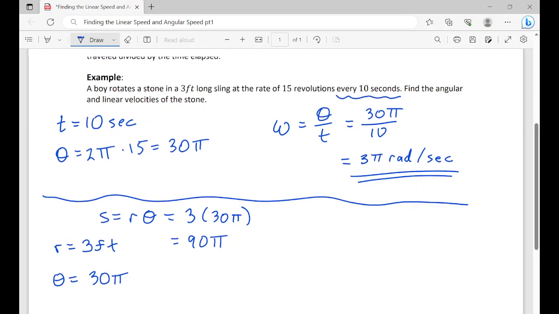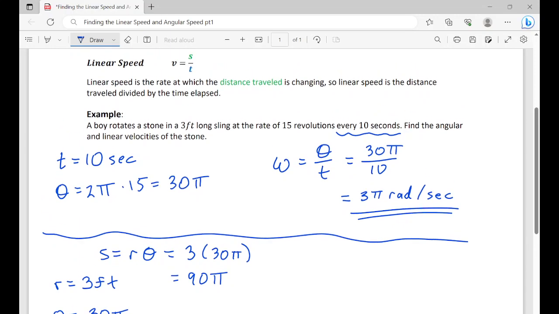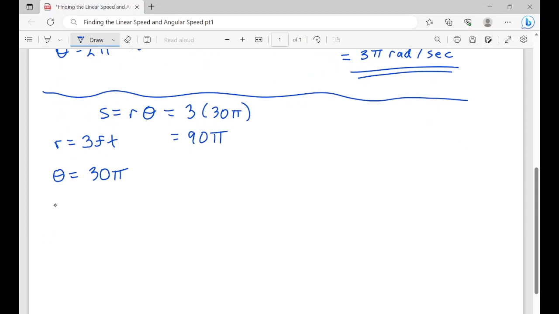So we now know s, and we know t because it's the last part we need for this formula, and t is every 10 seconds. So t equals 10 seconds. And so v equals s over t, which is 90 pi over 10.